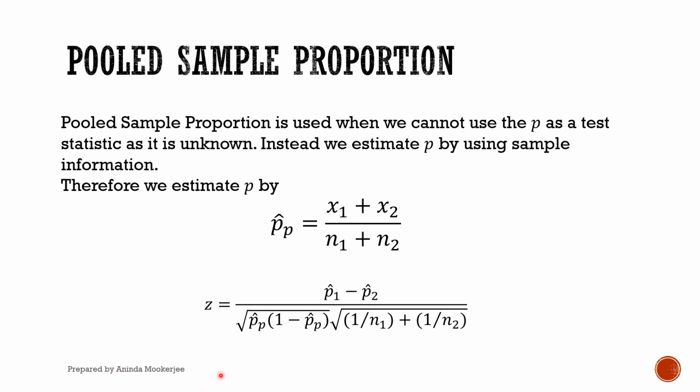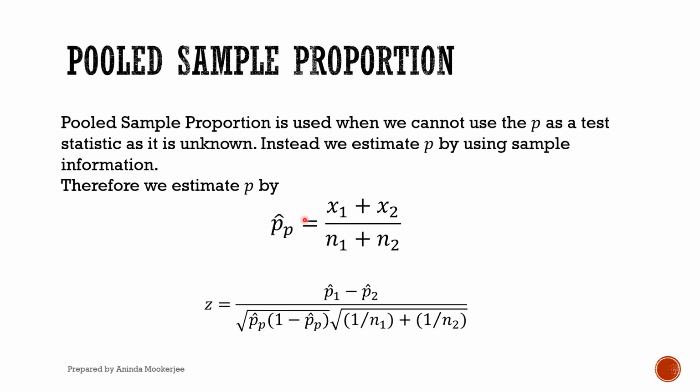Now, just like in the study of sample means to population means, remember we had the pooled test and the non-pooled test. Here too, when studying two population proportions, we can pool our proportions into one by combining x sub 1 plus x sub 2. So x sub 1 plus x sub 2 divided by n sub 1 plus n sub 2 is our pooled sample proportion.